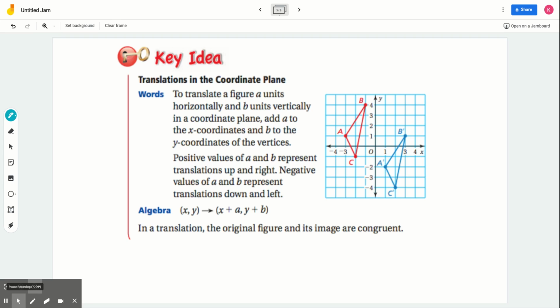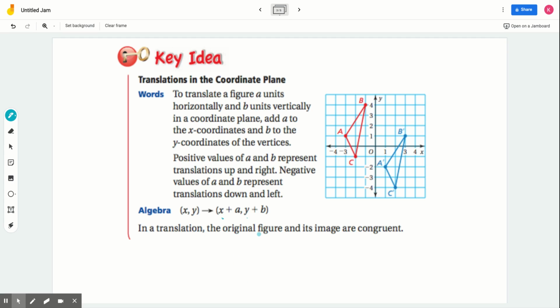Positive values of A and B represent translations up and right. Negative values of A and B represent translations down and left. So here they're saying we start with our coordinates of x and y. We add the number to the x and the number to the y to tell us how much we move from one place to the next.